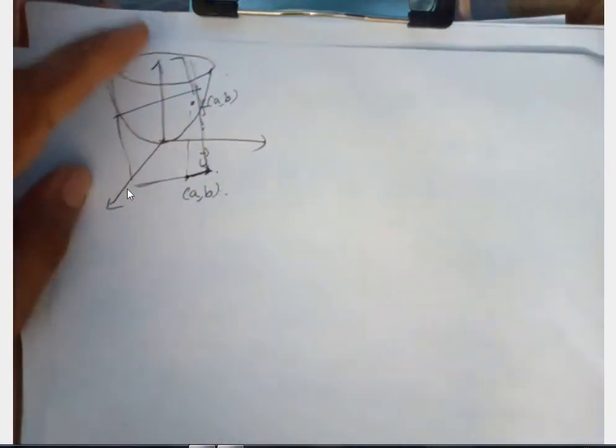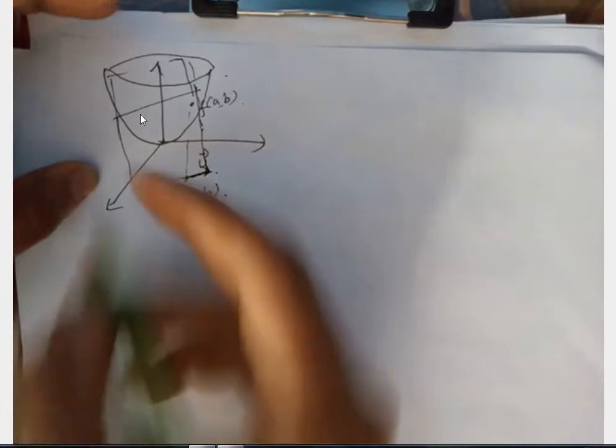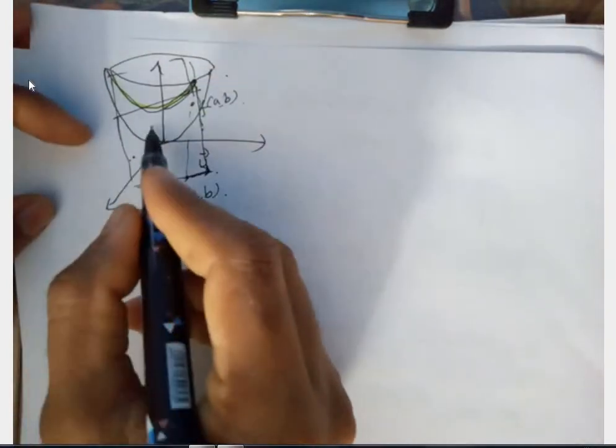This plane will cut the surface at some points. Suppose this is that point. This is the curve of intersection between this plane and the surface.